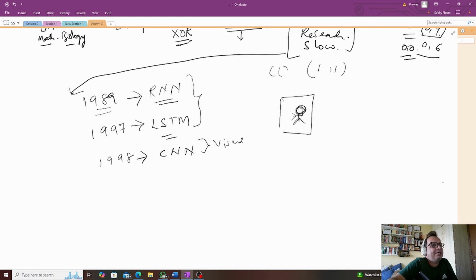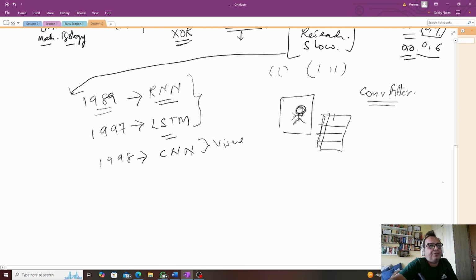So in a CNN kind of network, there is a concept called convolutional filter. And this is all there in the notes of GARP as well, that you need to understand some of these terms. So let's suppose there is a 2 by 2 matrix, and because we are talking about images, it has information about the pixel values.